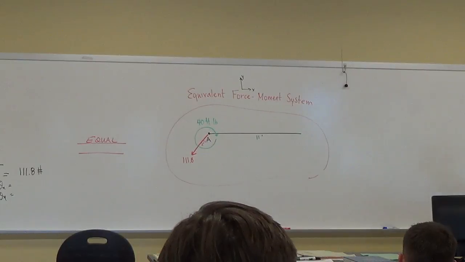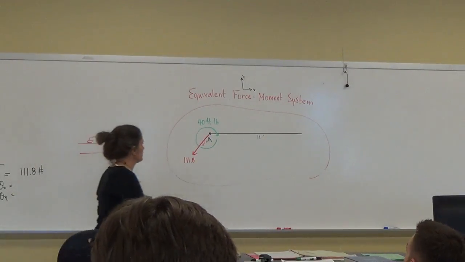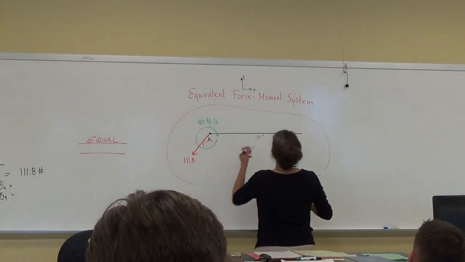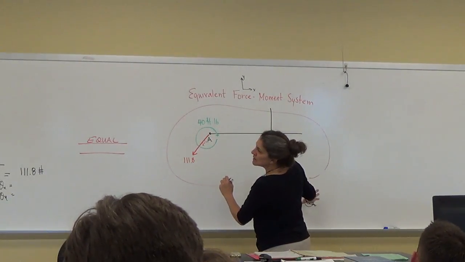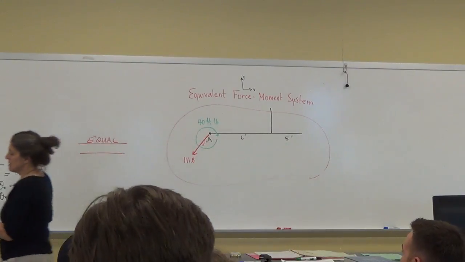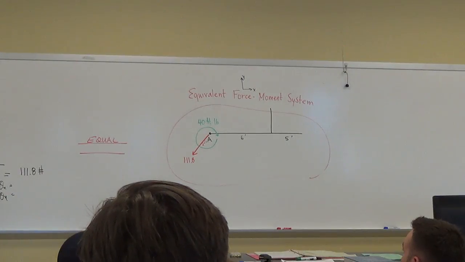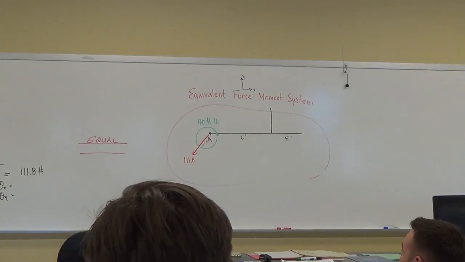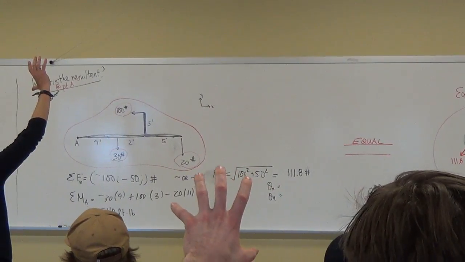If I learned that with this bracket, here's the bracket. I didn't draw the whole bracket in here. 6, 5. So I have this bracket with these three forces. If you make believe you're holding up that bracket, what's happened to it?